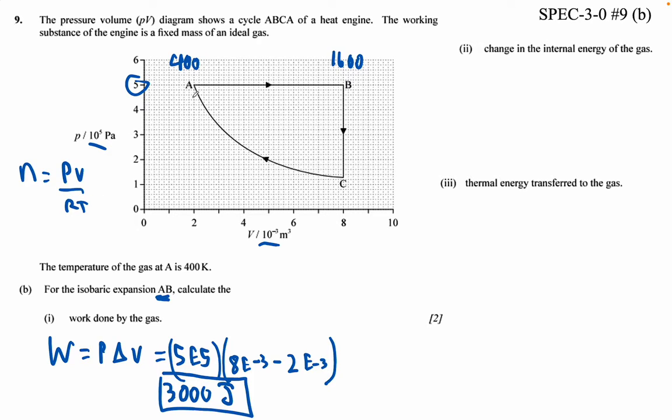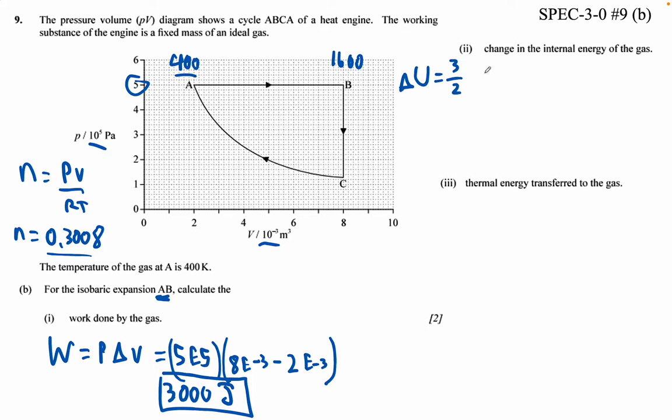If we plug in the pressure, 5E5, times the volume, 2E-3, and then divide by R, 8.31, and divide by 400, I get that the number of moles is 0.3008.